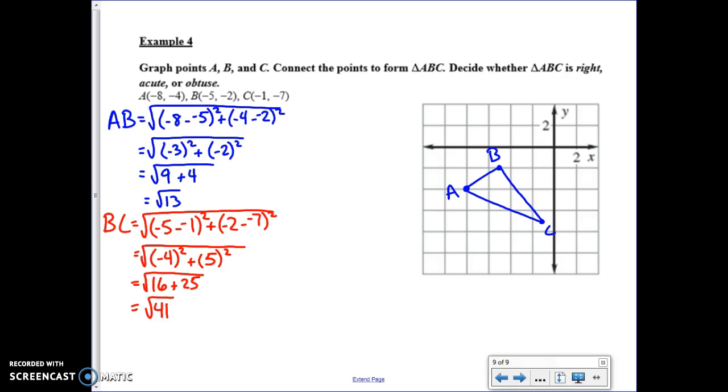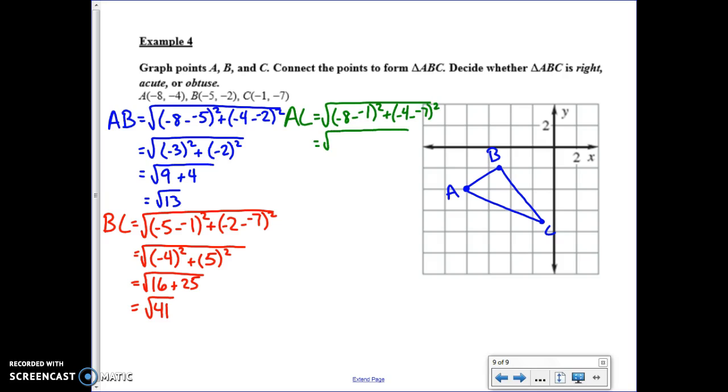We still have one more to do. So then I need to do AC. Okay, so my x values are -8 minus -1 squared and -4 minus -7 squared.